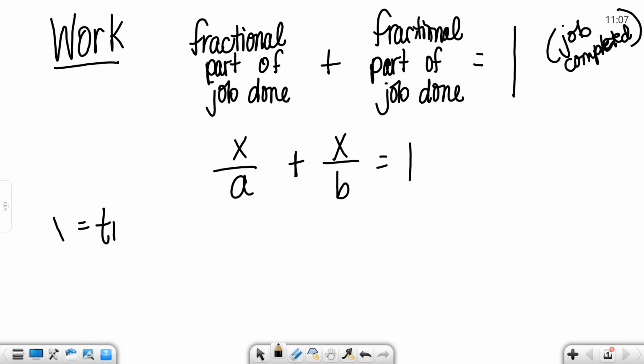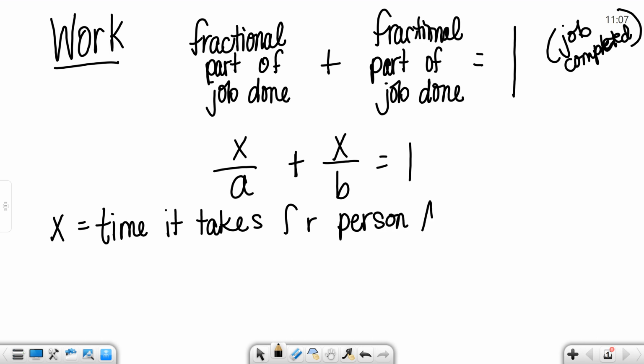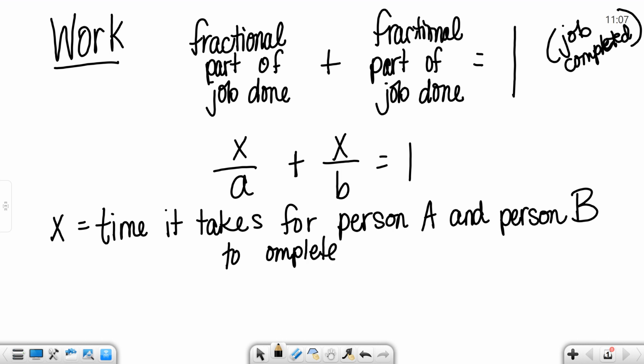X is the time it takes for person A and person B to complete the job together. Okay, so they're working together.